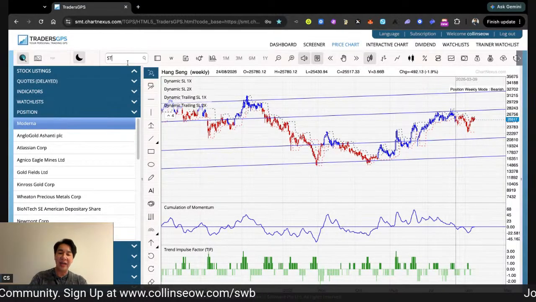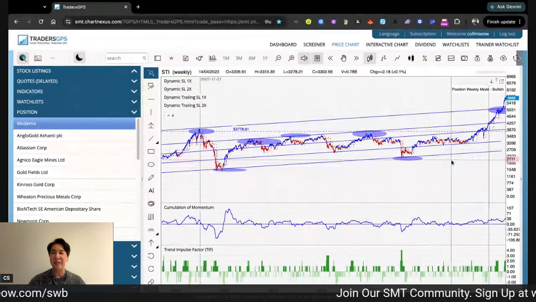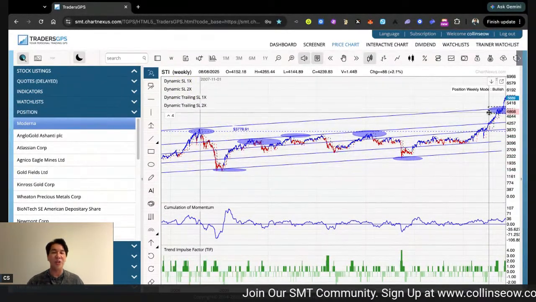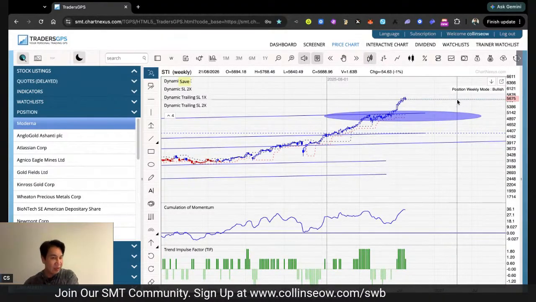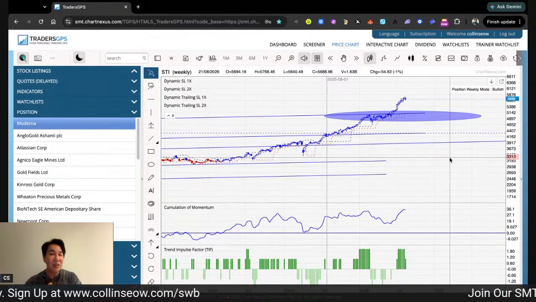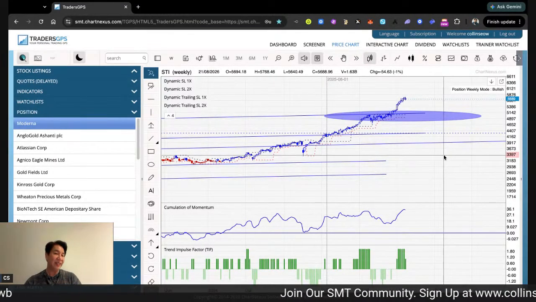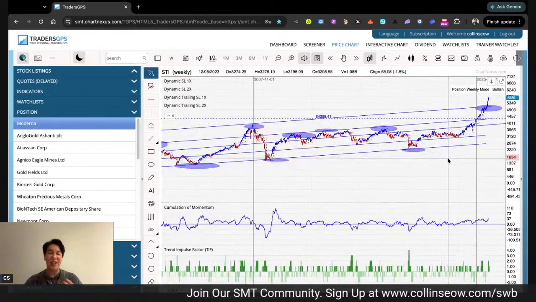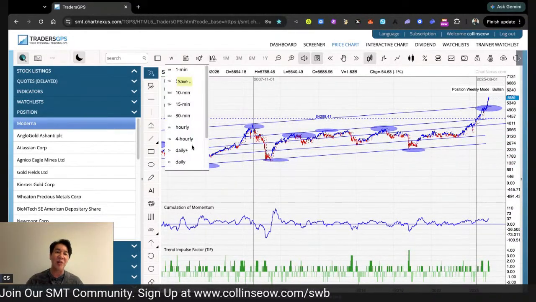Next, STI. Like what I said, at the higher end of the range it continues to go higher. We won't be able to guess. Do you follow what I'm saying? But if you're dollar cost averaging now, you are buying high. Let me give you some context.